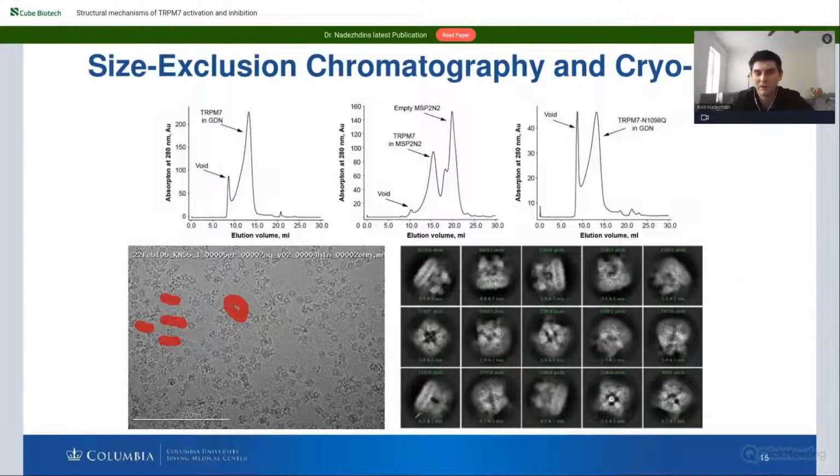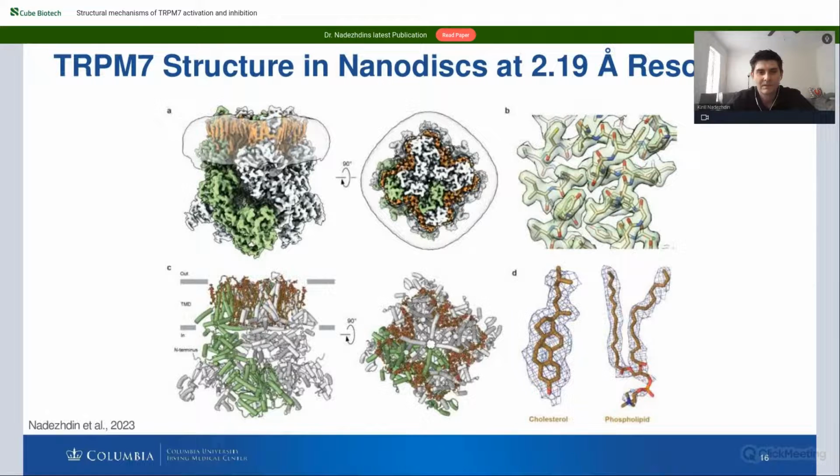We align them and get these beautiful 2D classes from cryo-EM. And after that, we do reconstruction and get our maps.